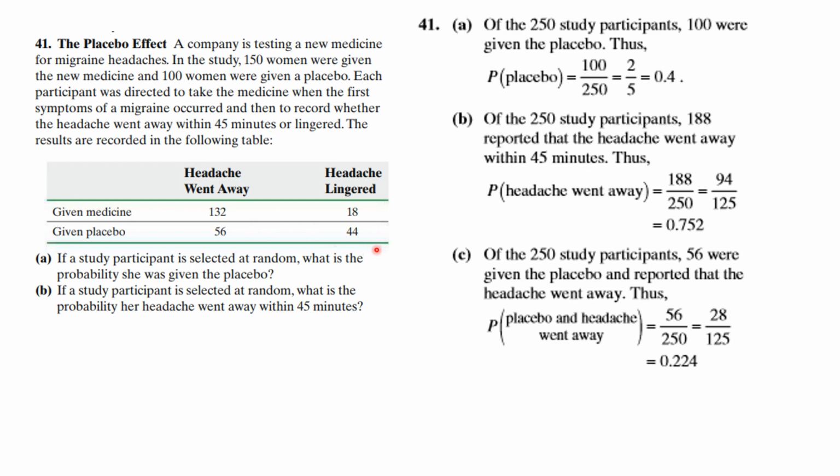We add this row that we're given, the placebo, out of the grand total of 250, so that's the probability of placebo. The probability the headache went away is you sum this total, it's 188 over 250, and of the 250 participants, 56 were given placebo and reported the headache went away. That's this 56 right here, and so this is going to be 56 out of 250.